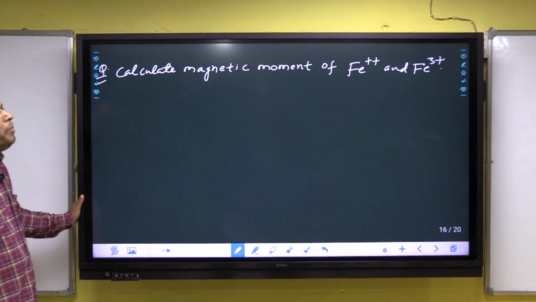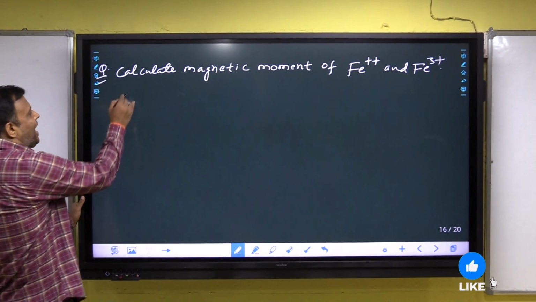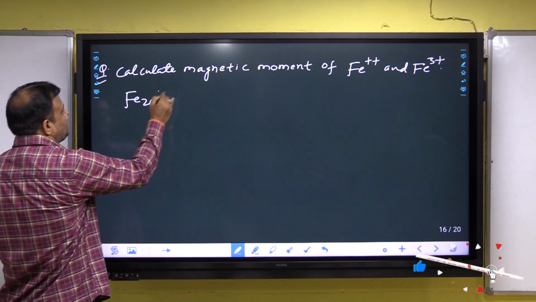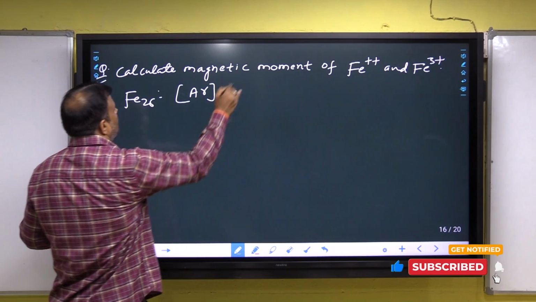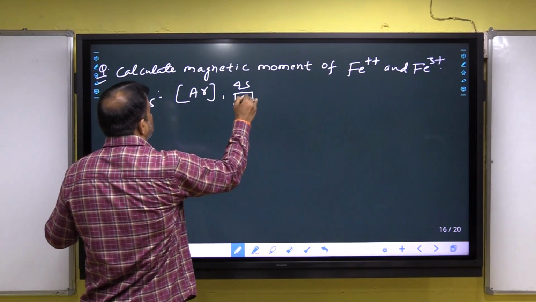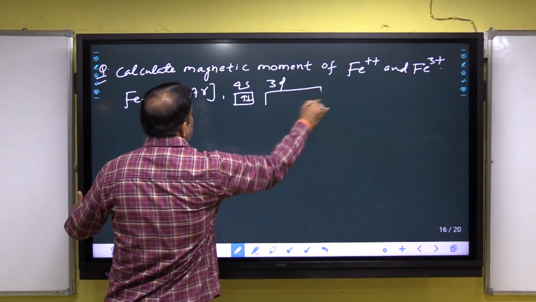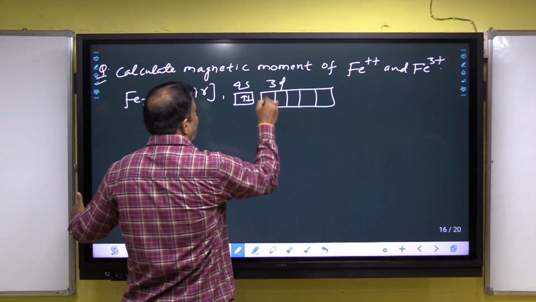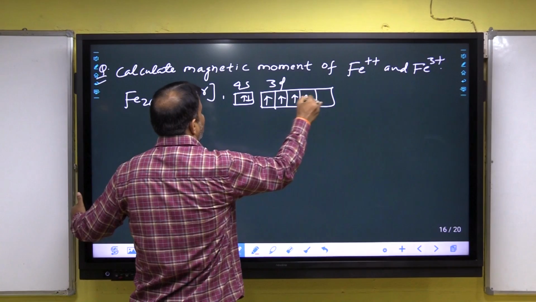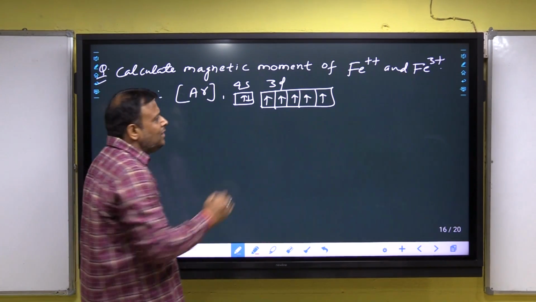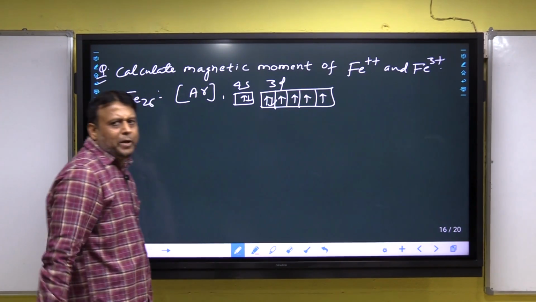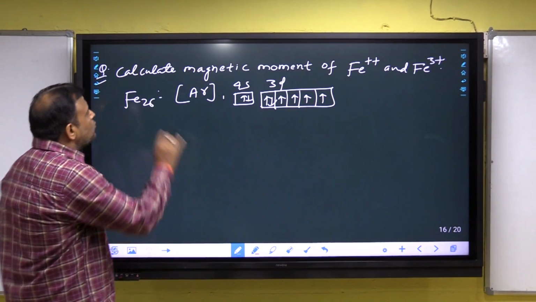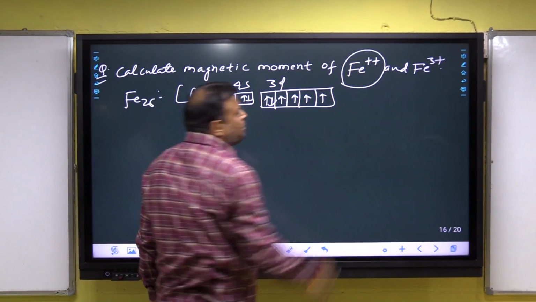Next question. Calculate the magnetic moment of iron 2 plus and iron 3 plus. First, the atomic number of iron is 26, argon 4s2 and 3d6. 3d6 means electrons fill first one by one, the second time in opposite spin, and hence in d6 there are 4 unpaired. But the question is the magnetic moment of iron 2 plus.